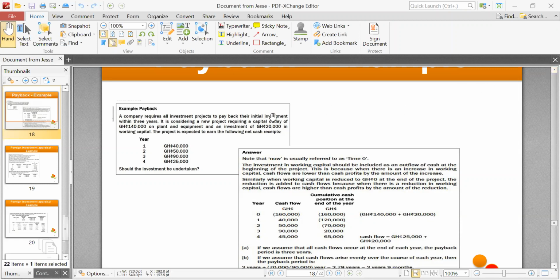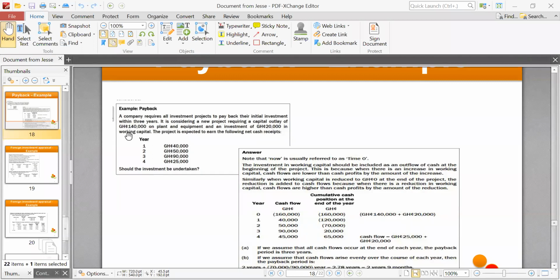That's a good question. When it comes to payback, I said that payback is the time frame it takes to recoup your investment, right? It says it is considering a new project requiring a capital outlay of 140,000 and an investment of 20,000 in working capital. So these are the two investments, like in the previous question.